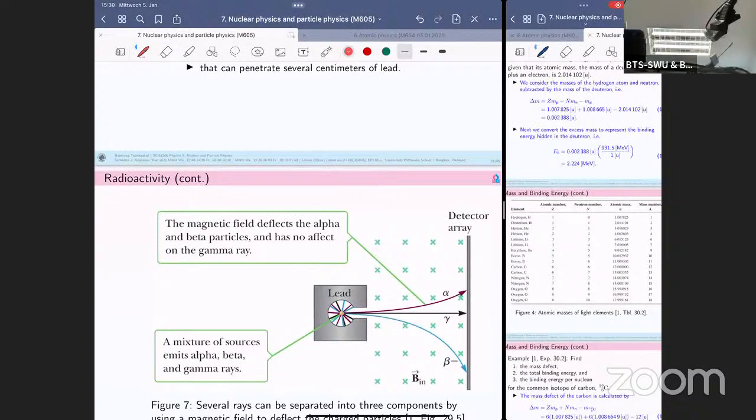Because the alpha particle is a positive charge, the nucleus of helium-4, you use the cross product from F equals qv cross B. The velocity vector is in this direction and the magnetic field vector is pointing into the plane.